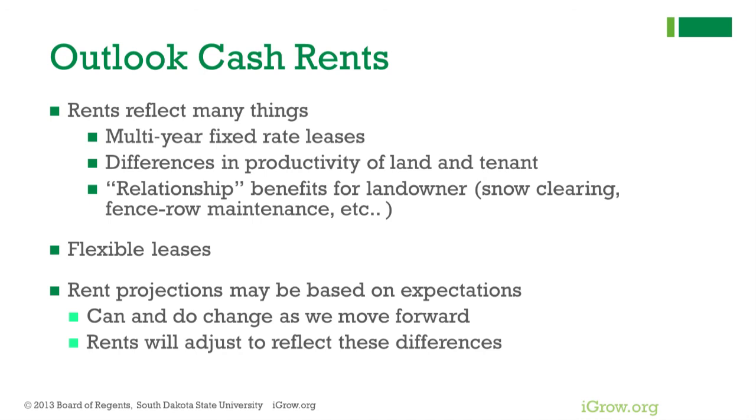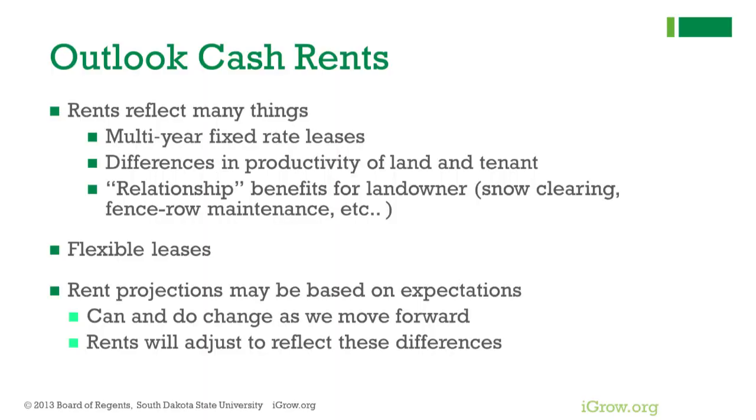The other thing that we don't know but believe to be a factor in the market is the relationship between landlord and tenant. I know some landlords are willing to accept perhaps less cash rent for their crop ground, and if that were the case, perhaps there's some arrangement where the tenant then takes care of snow removal, maintains fences. Those kinds of issues may lead toward lower cash rent, but still preserve a landlord-tenant relationship.